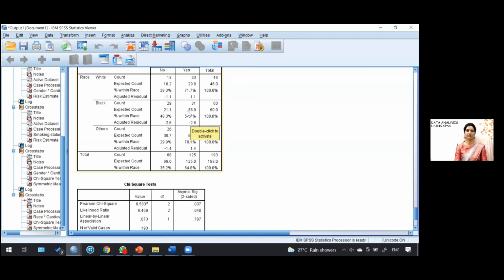If it is a 4x4 table, 8 or 9 cells may have values of this adjusted studentized residual more than 2. Then this is only for a post hoc analysis. We will do post hoc analysis in the ANOVA, and whenever there are more than 2 categories, we do the post hoc to see between which categories it is significant.